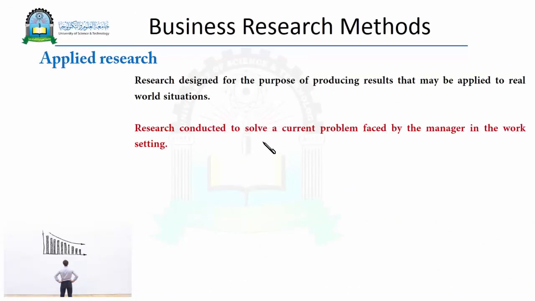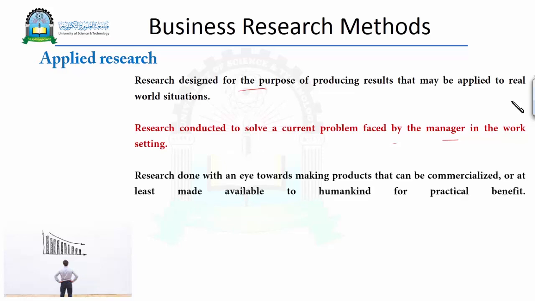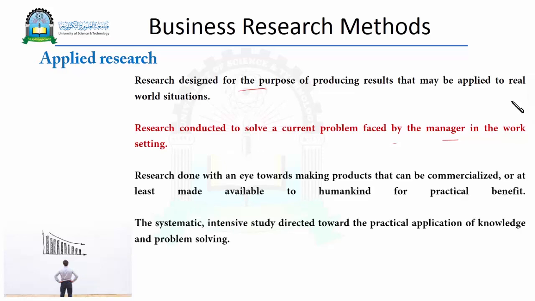So the applied research is research conducted to solve current problems faced by the manager in the work setting. It is also a research designed for the purpose of producing results that may be applied to real world situations. So I am solving a current problem. I am facing it now, and the solution is going to be special for this organization.